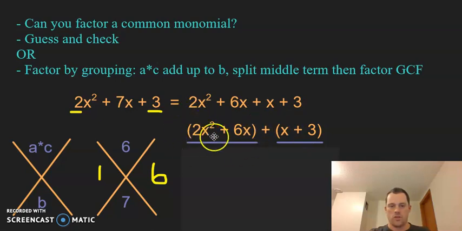So if we're just looking at this first term here, this first group, we probably noticed that 2 and 6 are both even. They both have an x, so there's actually a 2x that we can factor out front. And when we factor that out, we're going to have something left inside. The x plus 3 doesn't have a common factor, right?